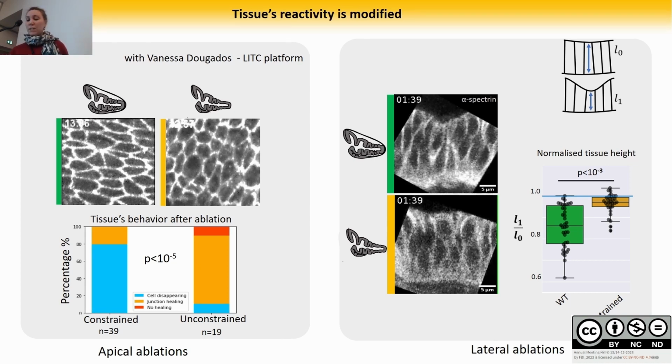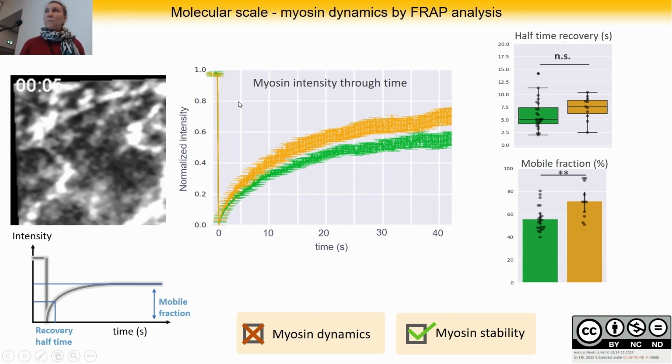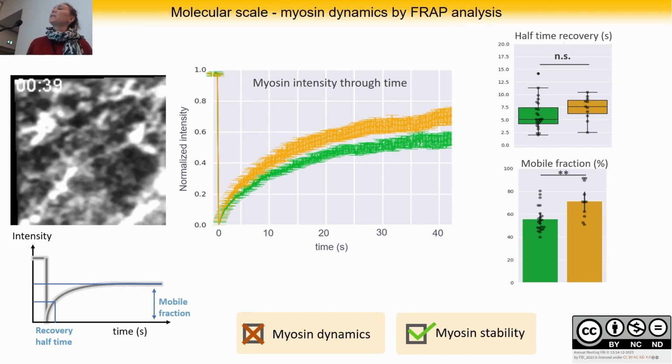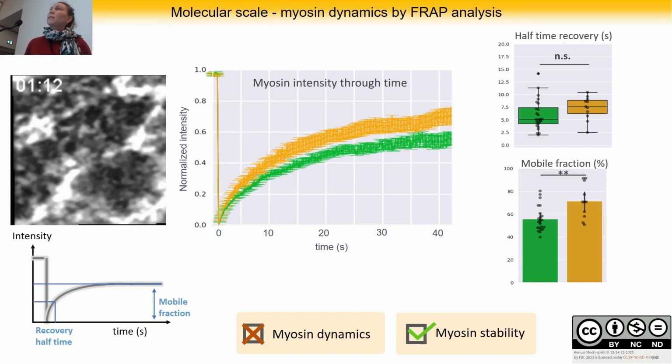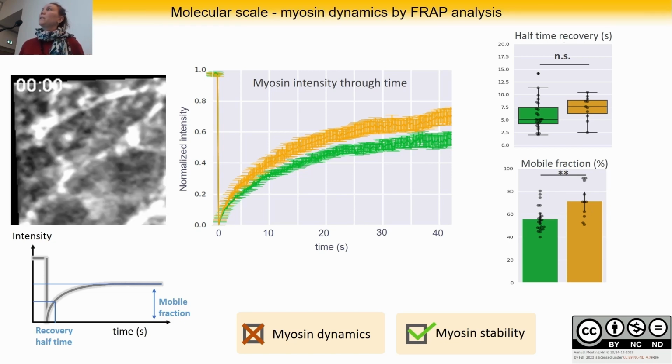Is it impacted? So what I did is that I did FRAP. I bleached the myosin on the adherent junction, as you can see here, and I looked at the recovery of the myosin. And in the case of the constrained leg, what you can see is that for both conditions, the speed, the dynamics of the myosin is not modified.